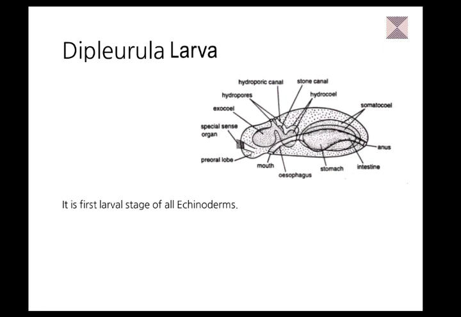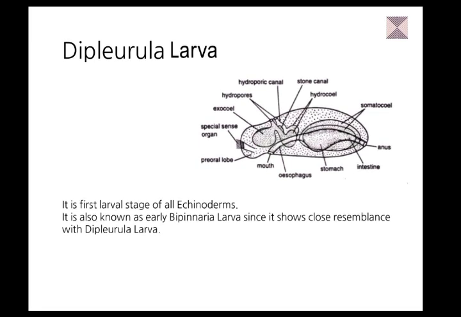Echinoderms have to develop up to adults, and Dipleurula is a stage which will be present in almost all the echinoderms. So this is the very first stage that is developed, and that's why it is very important. The second thing, it is also known as the early Bipinnaria larva.